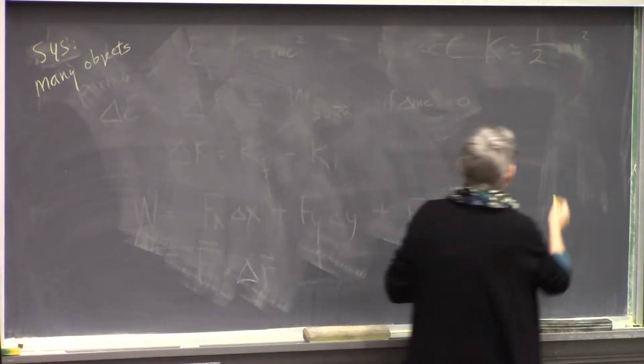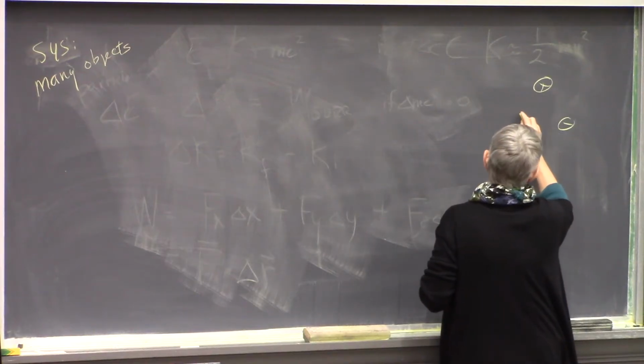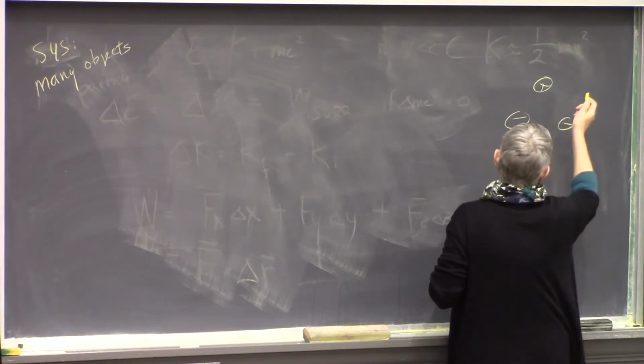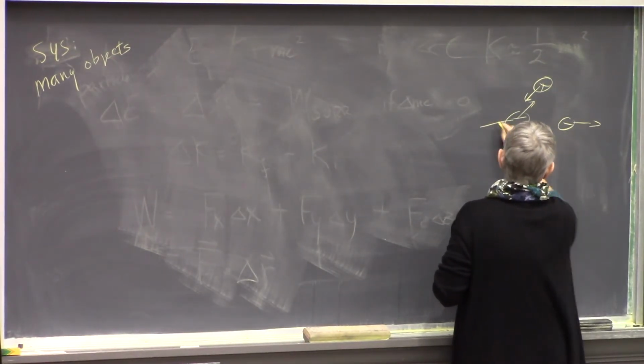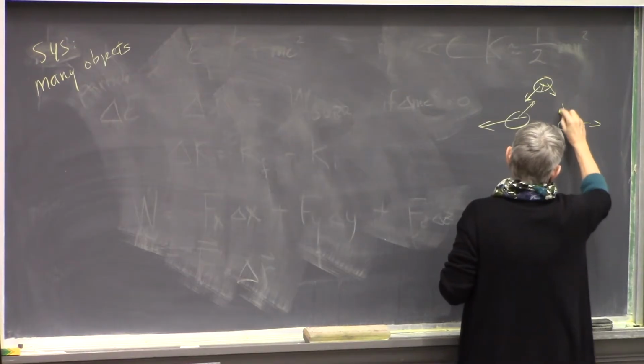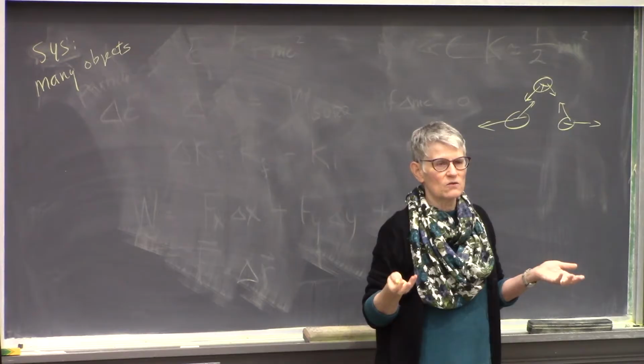So if we have charged particles, we could have a positive charge and a negative charge and another negative charge, and they can be exerting forces on each other. So there's a force, and those two repel each other, and those two attract each other. So there are lots of internal forces, forces internal to our system.